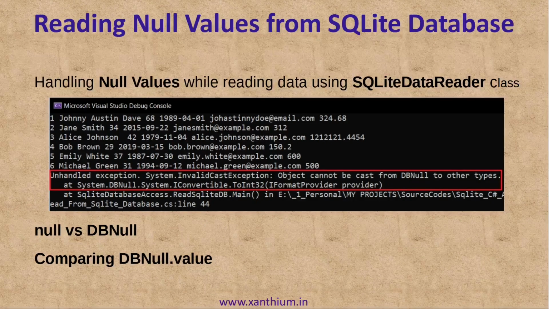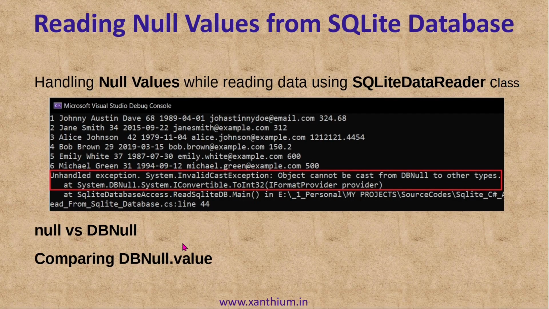Now we have to learn the basic difference between a null and a DB null. Null is a literal from the C# language, which is used to indicate the absence of values, while DB null is a class provided by the .NET framework, which is used explicitly to indicate that the value in a database is a null value. So you cannot directly compare both null and DB null.